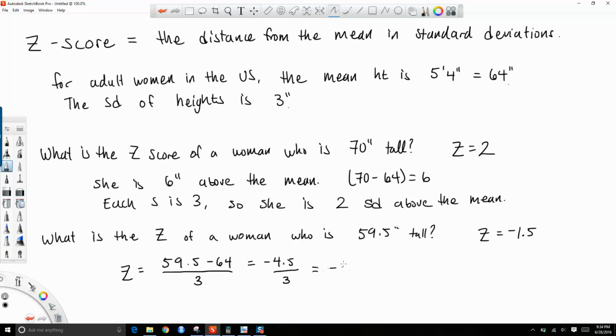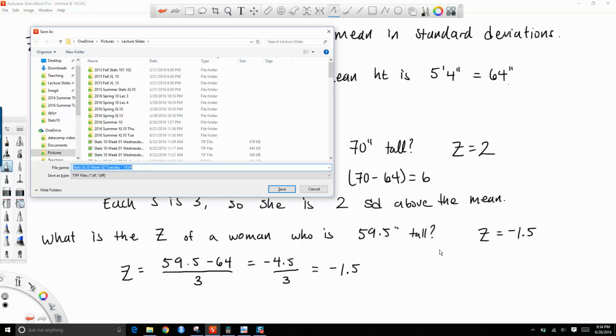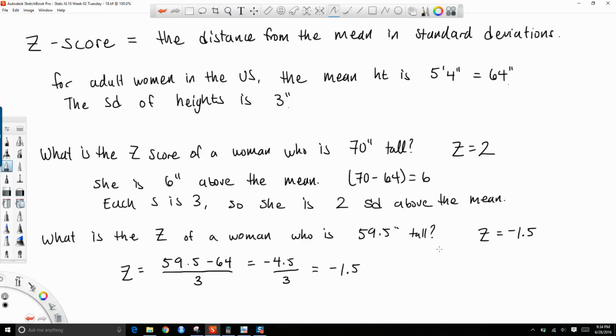And this gives me negative 1.5. I just want to pause and make sure that this makes sense to you guys. We're trying to find the distance from the mean, but we're going to express that distance not in just the inches or however it's being measured, but we're expressing that distance in standard deviations.